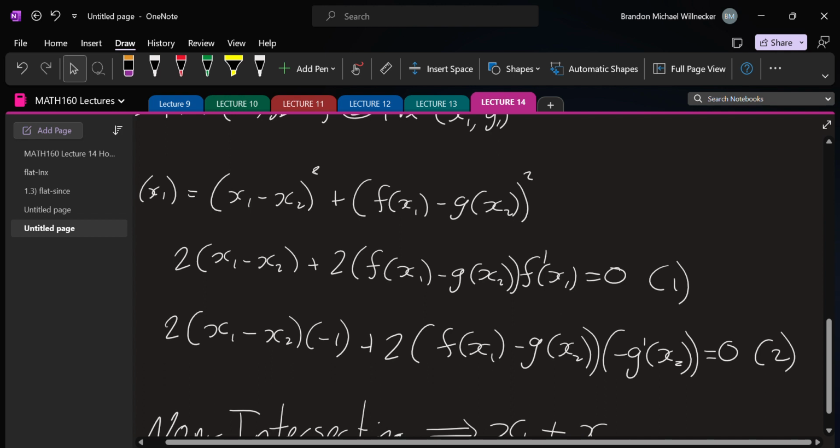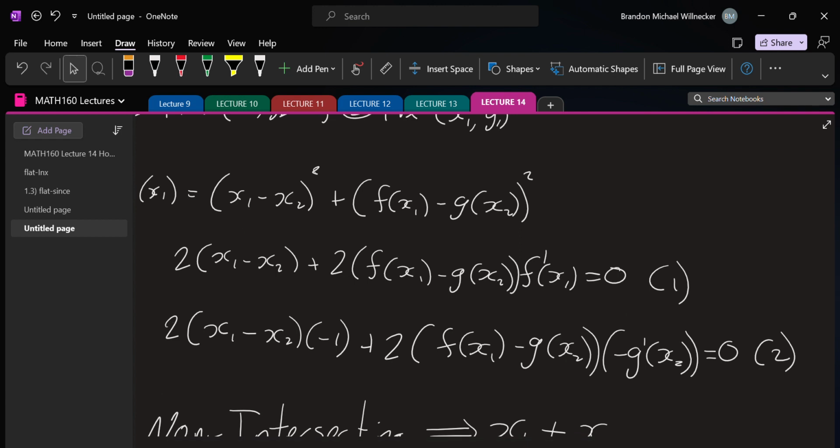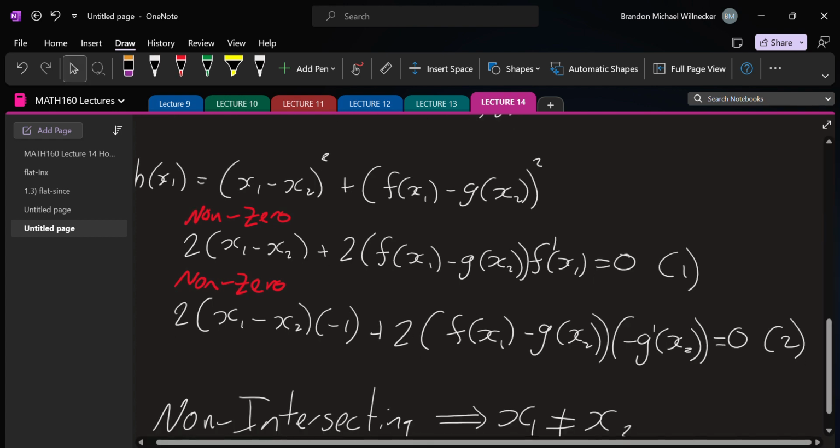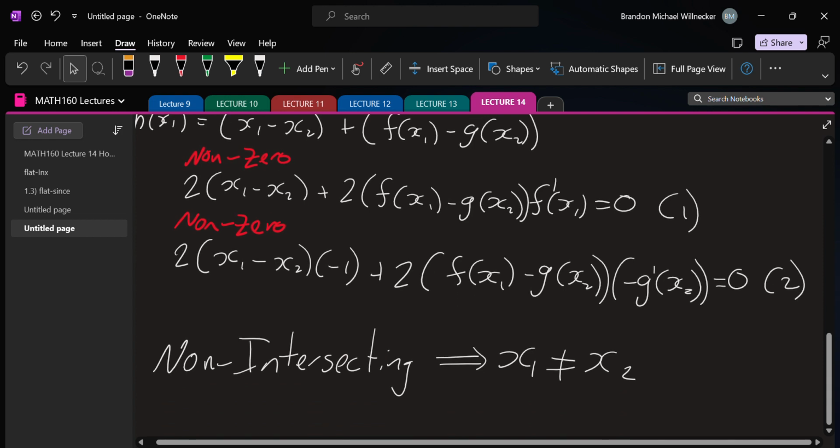If they're different, it means the first terms, this x1 minus x2 and this x1 minus x2 on the two lines there, are non-zero. If they're not the same, the difference is non-zero. So let's put that in red. This is non-zero, and this is non-zero. Everyone following with that?